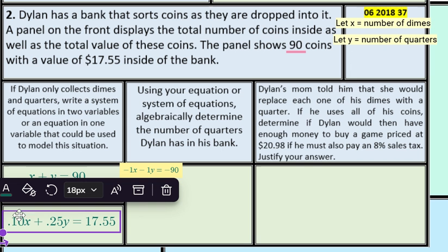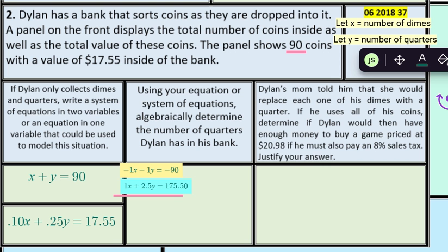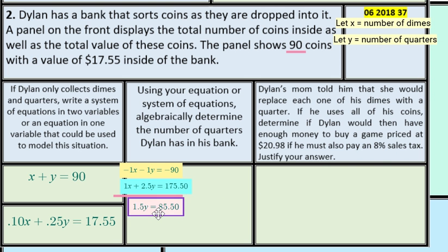Now, our second equation, this is change. I don't want this 10 cents in that, so I'm going to get rid of the 10 by multiplying this by 10 so that I get x plus 2.5y. Now, when we combine like terms, that -1x and +1x go away, and 2.5 minus 1 is 1.5.